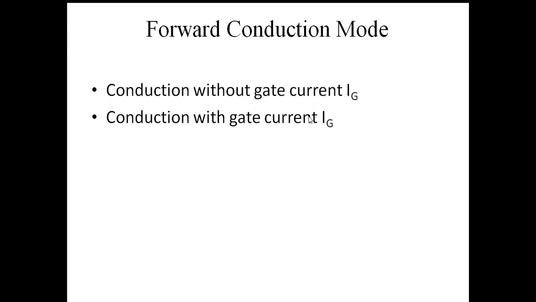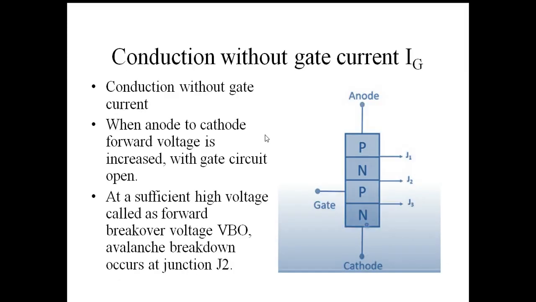That means we apply a certain amount of forward voltage across the device, and we apply the gate current in the form of pulses, according to the requirement of the conduction of the device. So the first case is conduction without gate current.